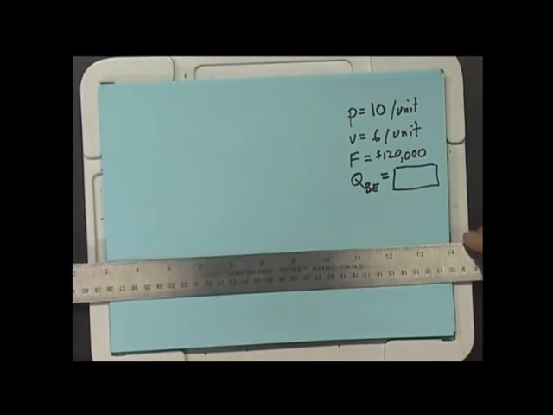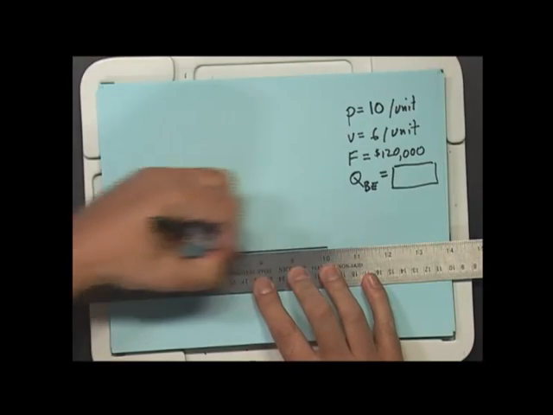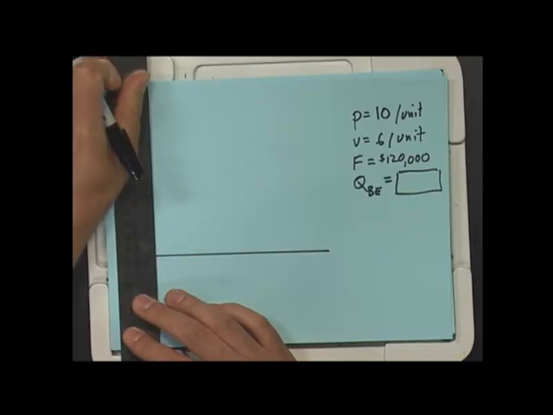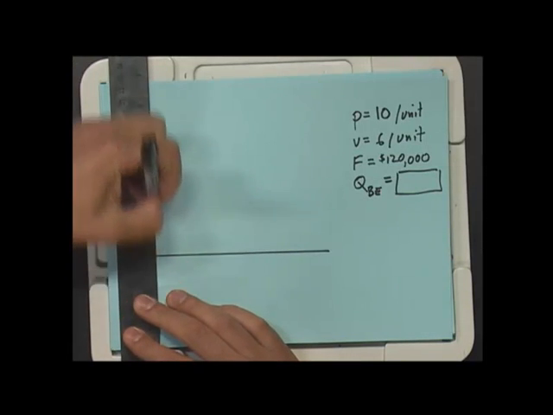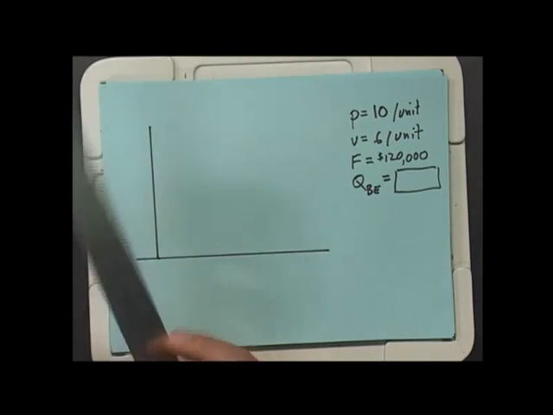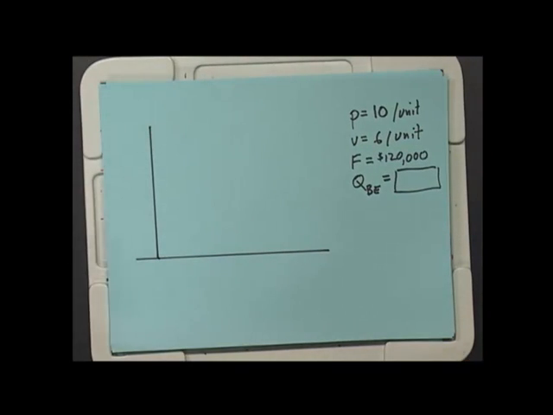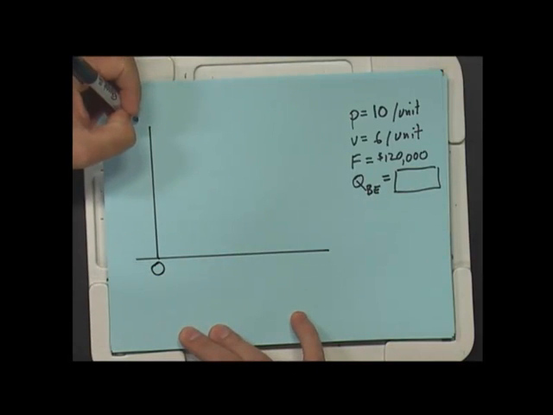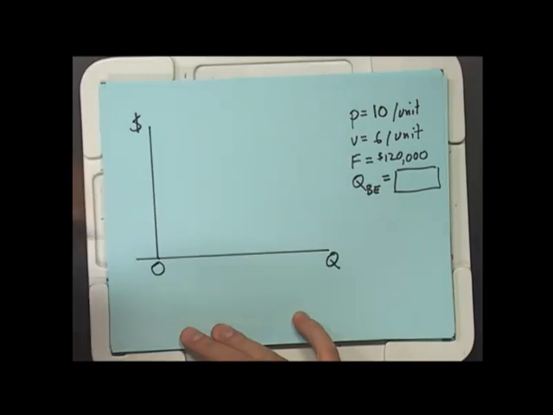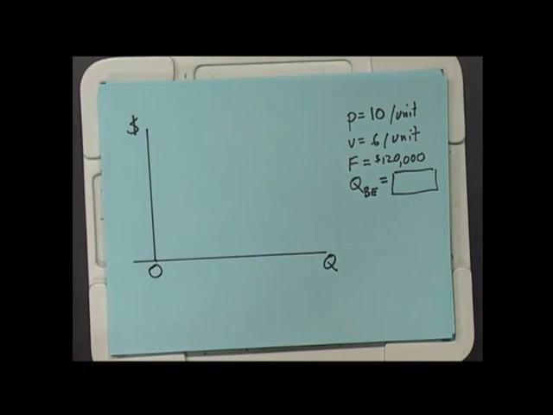Okay, so it's very helpful here to use graphs, and since I am artistically challenged, I'm going to use a straight edge. So here's a simple graph where here's the 0 point for both. We're going to have dollars on the top, and quantity along the x-axis.